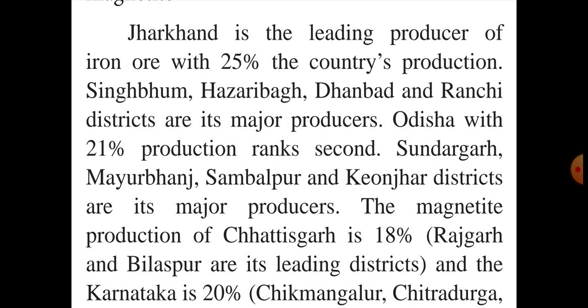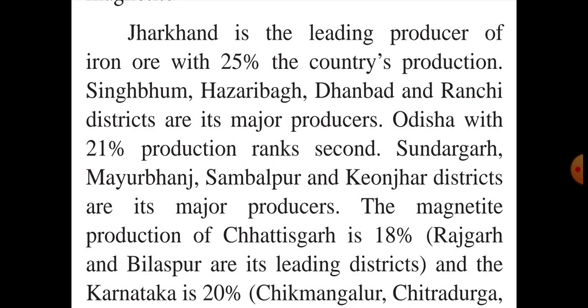Some other states also produce iron ore. For example, Odisha produces 21% of iron ore. Then Chhattisgarh produces 18%, and Karnataka produces 20% of iron ore.